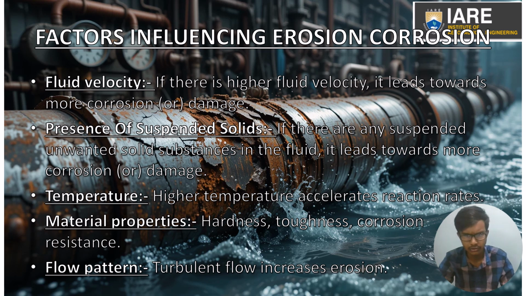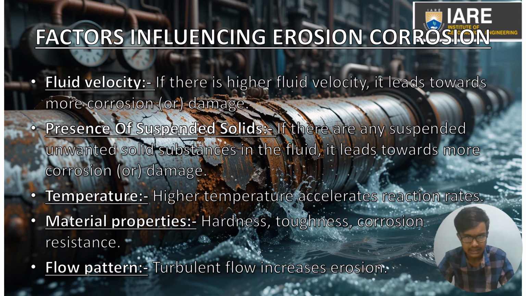Higher fluid velocity leads to more damage, because higher velocities increase mechanical forces on surfaces, which strips away the protective oxide layers and exposes the fresh metal to corrosive agents. Thereby, it intensifies the material loss, which leads towards erosion corrosion.